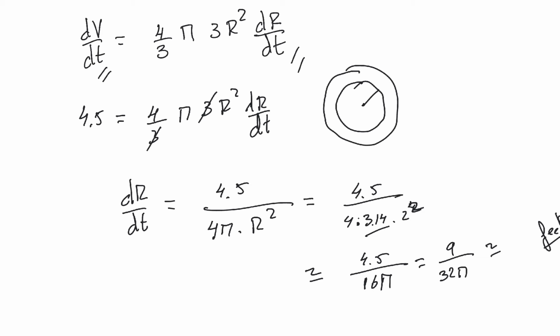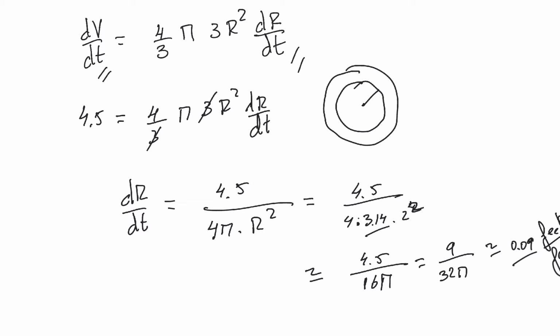So how much would it be? I need a calculator, but 32 over pi is like 10, and 9 divided by 100 is 0.09, more or less 0.09 should be.